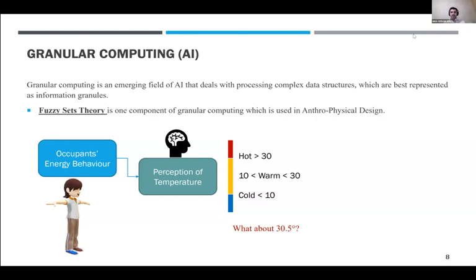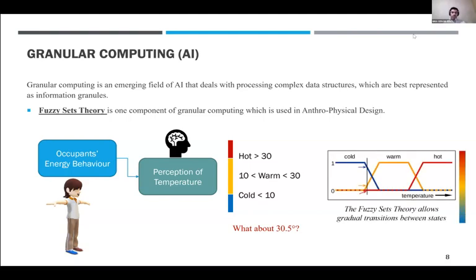30.5 is as hot as 43 degrees for a computer, for your HVAC system control, and it means that your AC, for example, has to work full blown in order to reduce the temperature by half a degree Celsius. And this is not efficient. Obviously, in reality, it's not like this. So what fuzzy set is doing is allowing us to make a gradual transition between the different states.